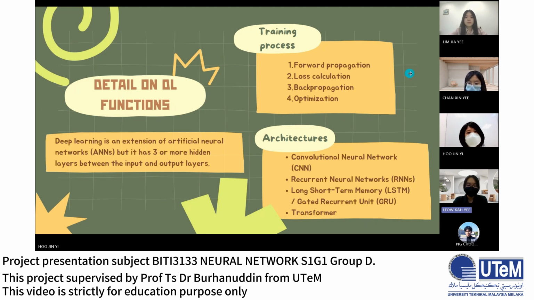To apply this training process effectively, several deep learning architectures have been developed, like CNN, RNN, LSTM, GRU, and transformer. The CNN is used for image-related tasks. The RNN is used for sequence data like time series, but it struggles with long-term dependency. So we can use LSTM or GRU because they handle longer sequences better.